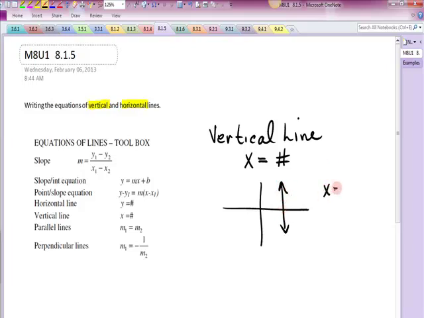So if you had x equals 4, it would be a vertical line cutting through the x-axis at 4. It would contain the points (4, 0), (4, 1), (4, 2), (4, -1), and so on. And although it's not part of this lesson, I will remind you that the slope is undefined.